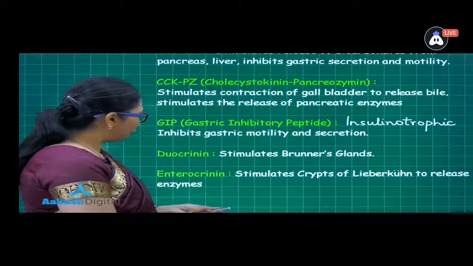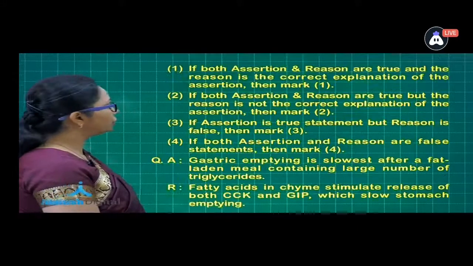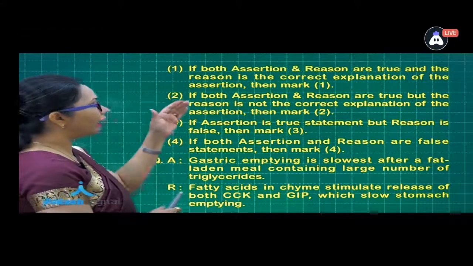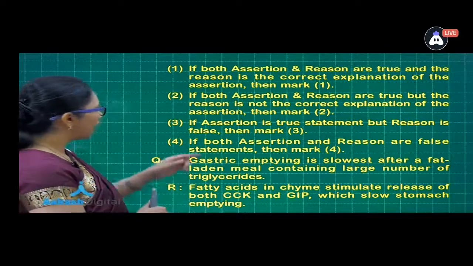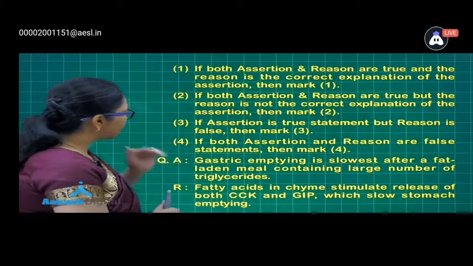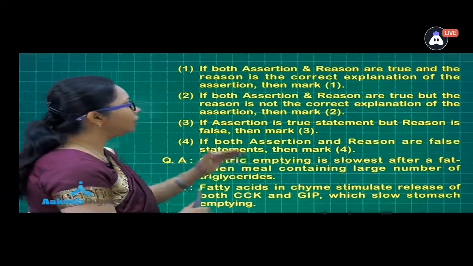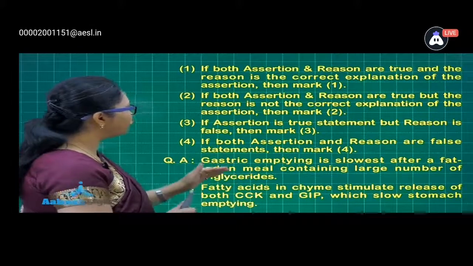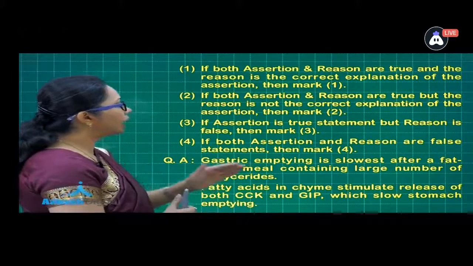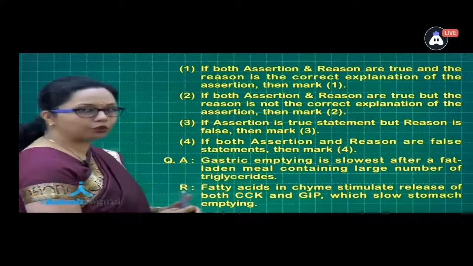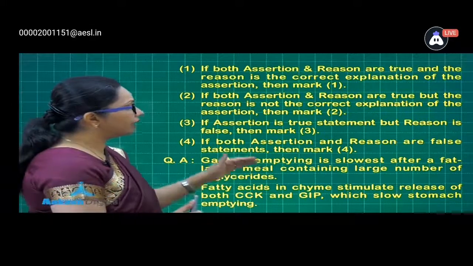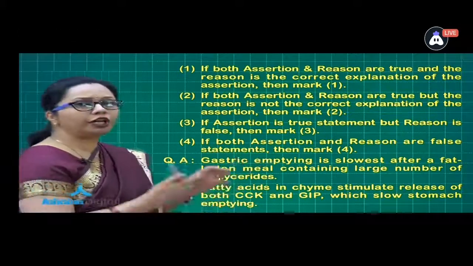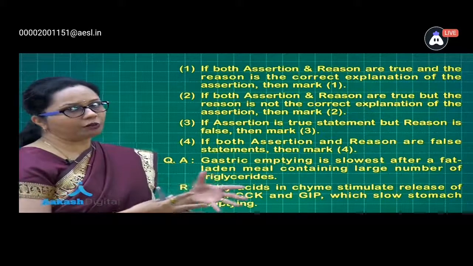Now we can use this information and solve a few questions. So here we have an assertion reason type question. In this, if we read this assertion, gastric emptying is slowest after a fat laden meal containing a large number of triglycerides. Now in this case, fat digestion is almost nil in the stomach.